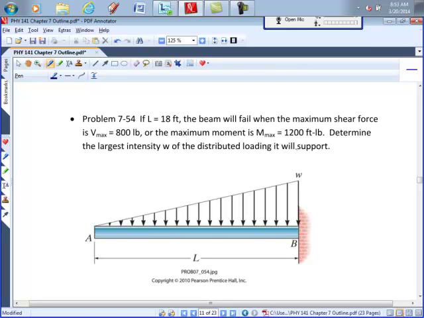So we want to determine the largest intensity W of the distributed loading that it will support.